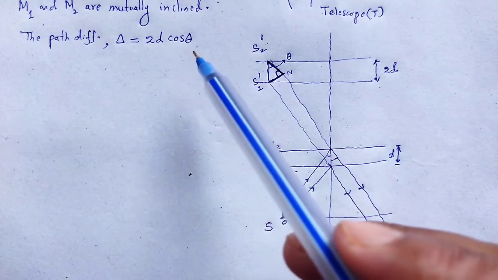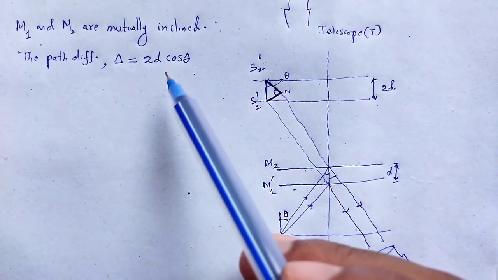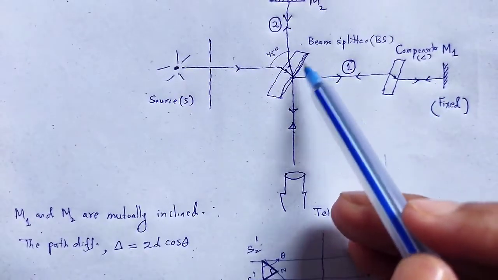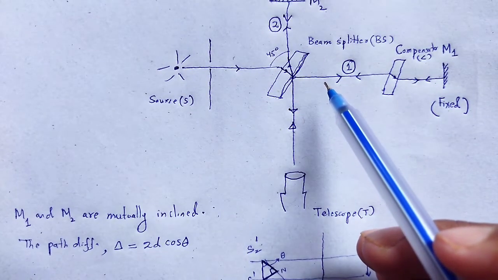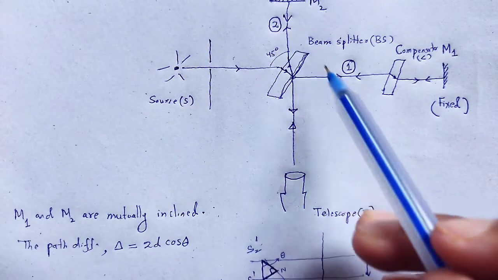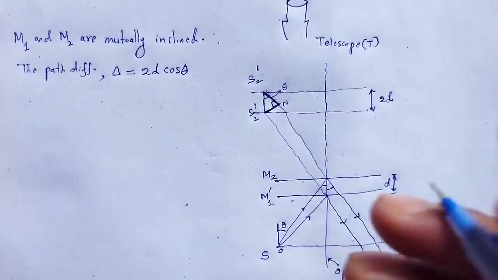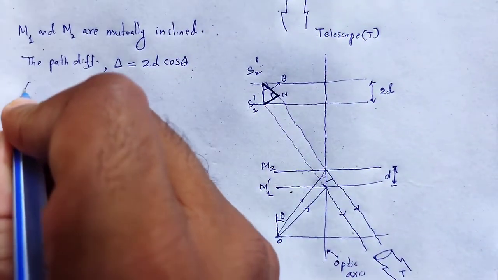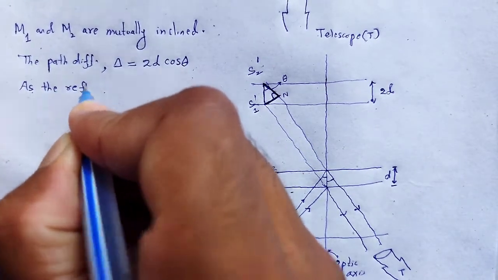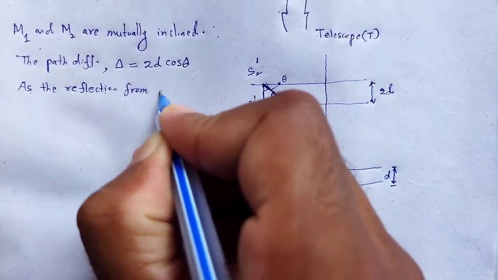But according to Stokes theorem, beam 1 suffers a reflection at a denser medium and the reflection of beam 2 is at a rarer medium. So an additional path difference lambda by 2 is introduced, as the reflection is from the denser medium.